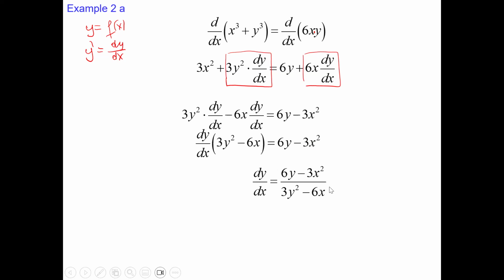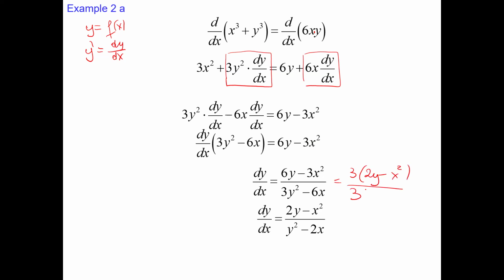We may also see 3 is a common factor. We may factor out 3, giving (2y minus x squared) over (y squared minus 2x). Perfect, this is the derivative. If we have the equation for y, we will substitute, but we may keep this most general form of the derivative.